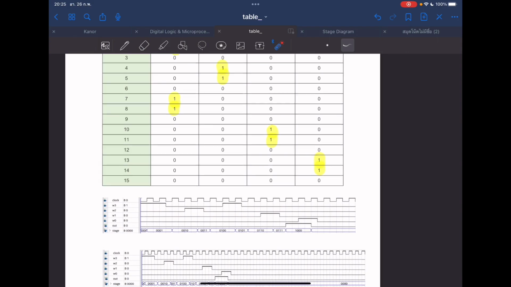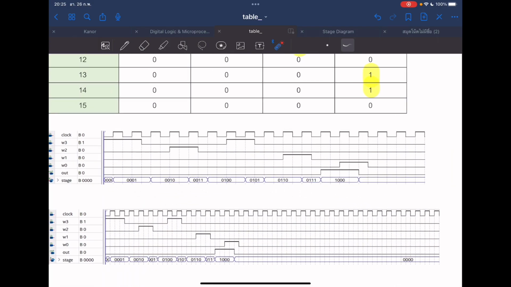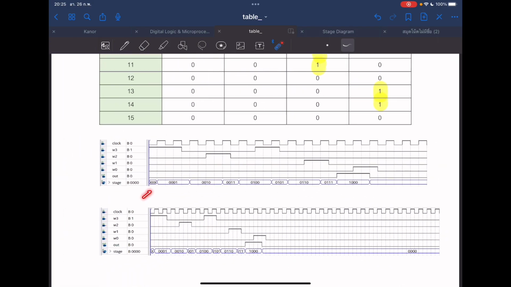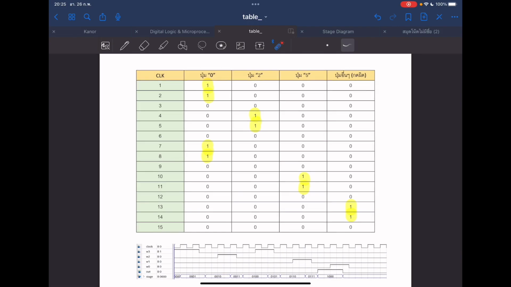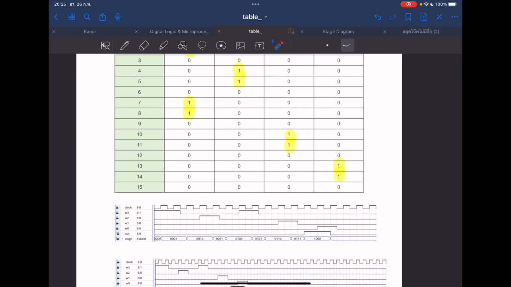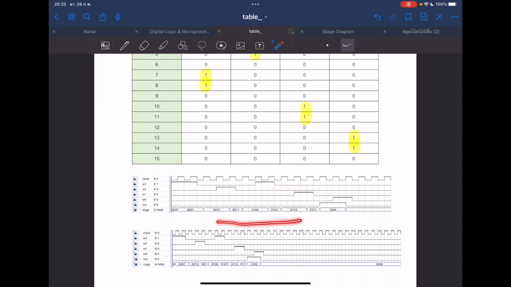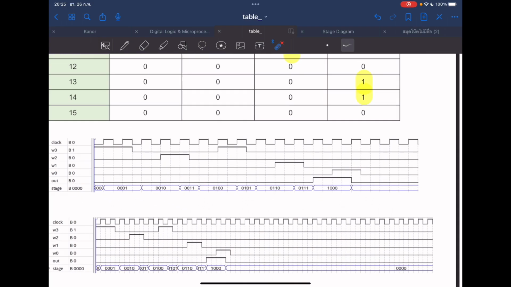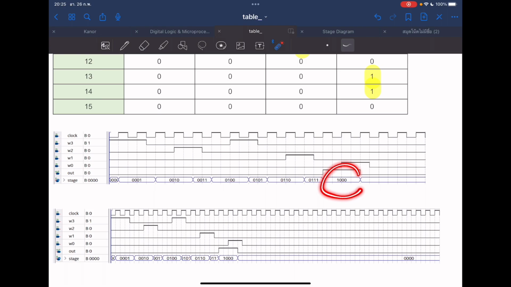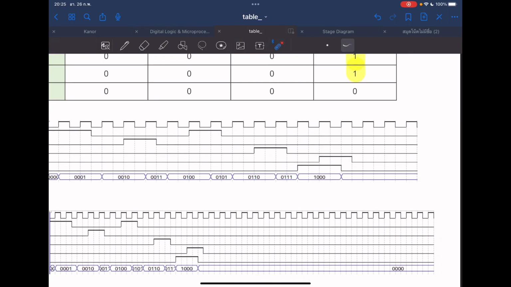So this is the result. It is stage 0 at first, and then stage 1. This is the correct number, so it should go through stage 8. So this one is stage 8.